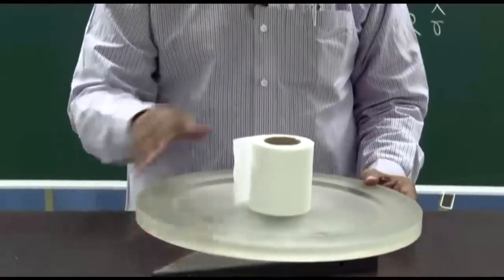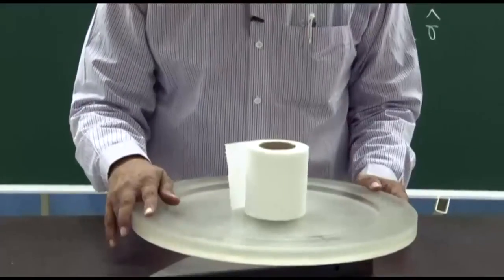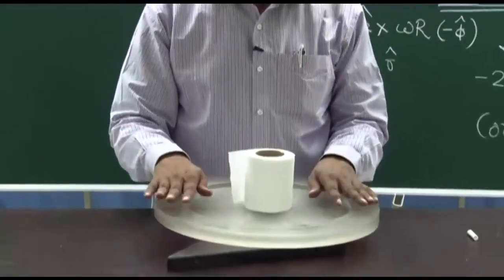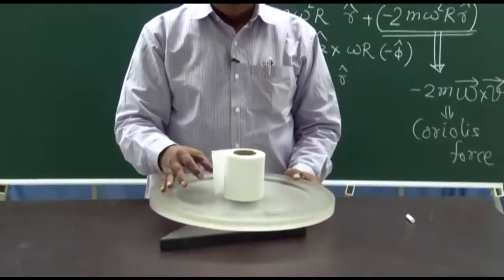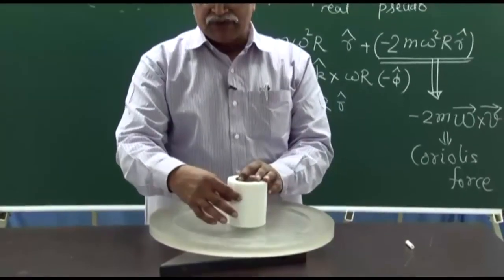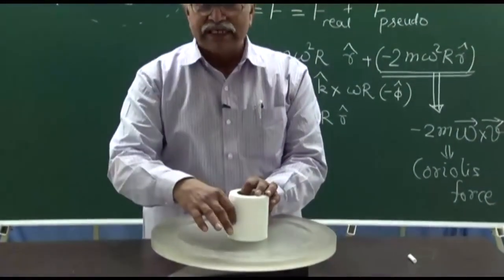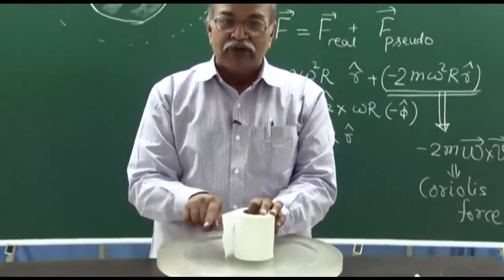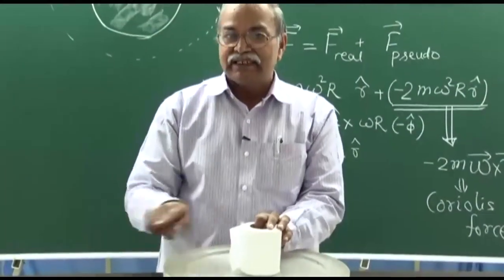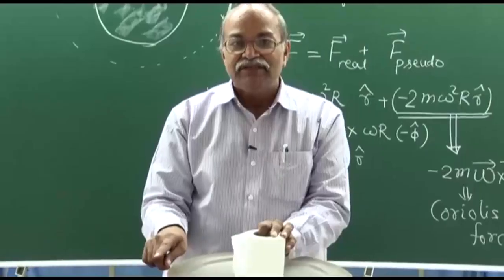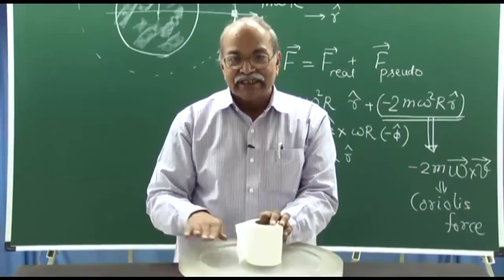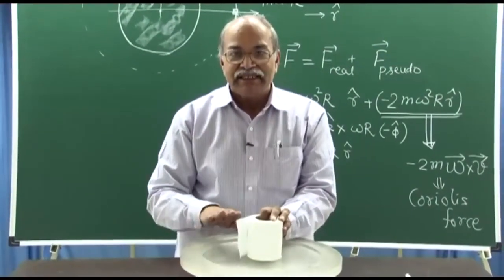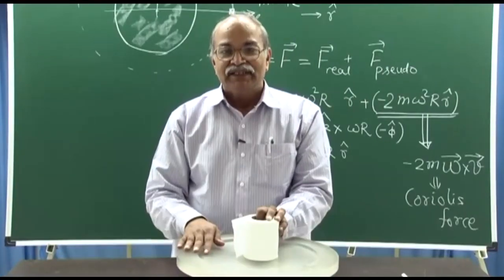As I am putting this on this rotating frame, if I work from this frame, because of the centrifugal force, it goes out radially a little bit. But once it goes out radially, gets some speed, velocity is there with respect to this disc in radially outward direction.